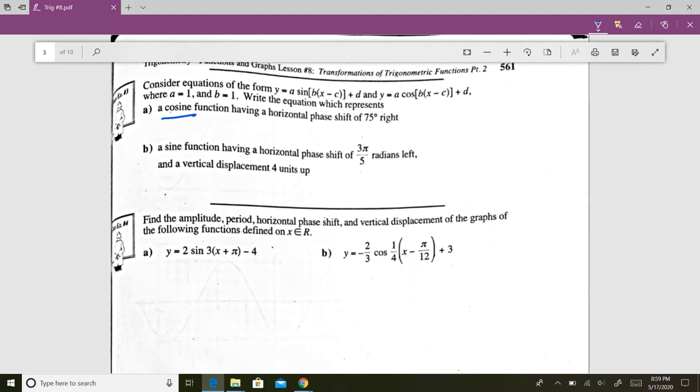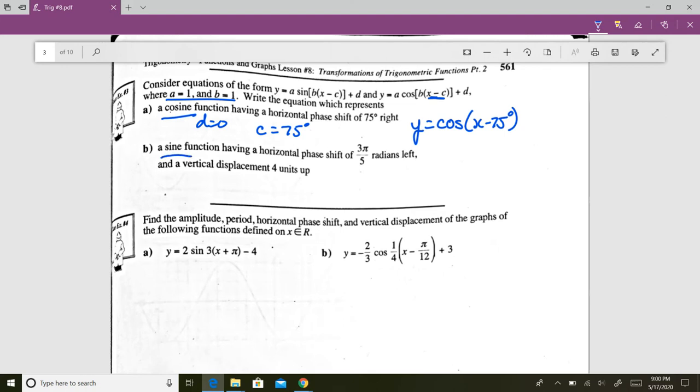So for cosine, A and B are 1, so we don't need to worry about them. They don't say anything about going up or down, so D is 0. And our horizontal phase shift is 75 degrees right, so C is 75. Remember, it is x minus c, so this equation is cos of x minus 75 degrees. And that's it.